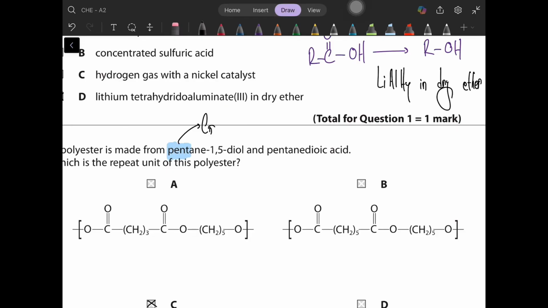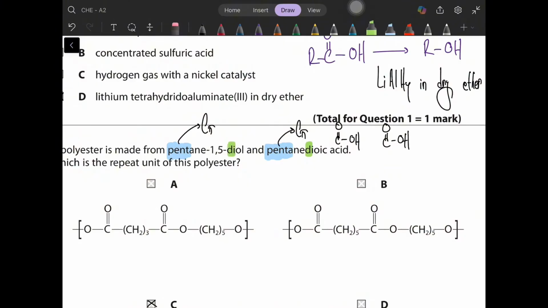Here, pentanedioic acid means again 5 carbons, C5. And dioic, this di means 2, so there should be 2 carboxylic acids, 2 COOH groups, and diol means that there are these 2 alcohol groups.